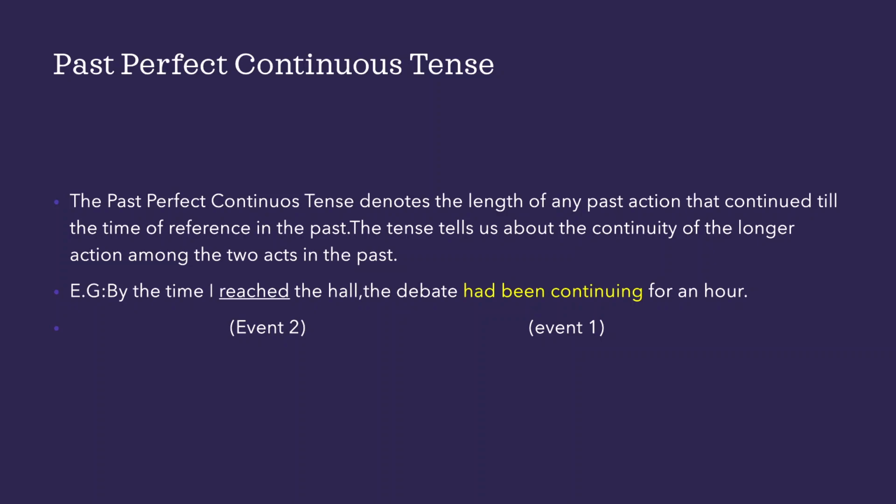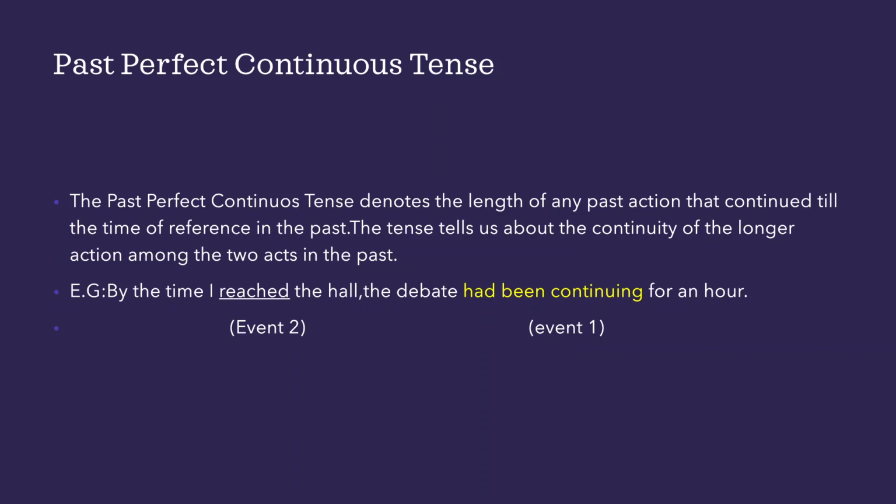So, here the act of reaching the hall by someone at a particular point of time in the past is being reflected. The next action is the act of starting of the debate for an hour before the person reached the hall, and the continuity of the debate till the time the person reached the hall.